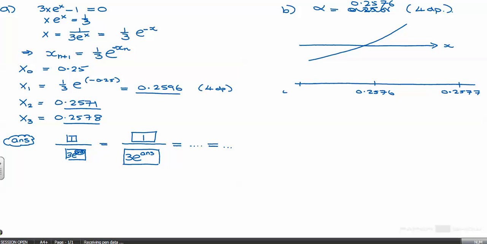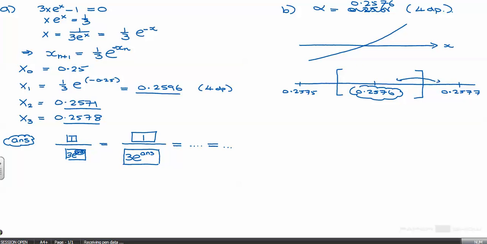Now if we round and we get this value, what's the smallest that number could possibly have been, and what's the largest it could possibly have been? So it must be halfway between the two values.